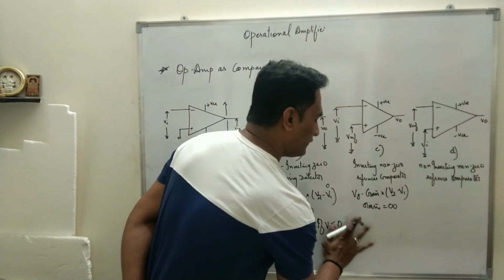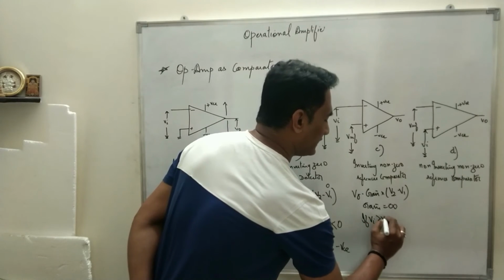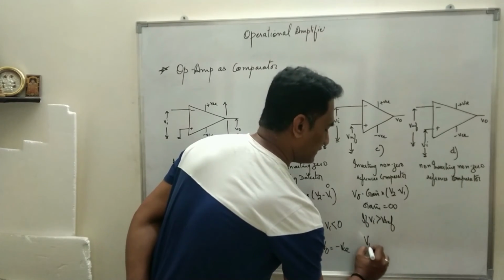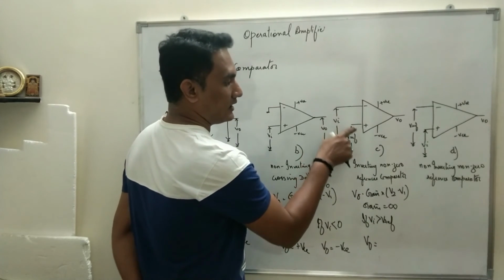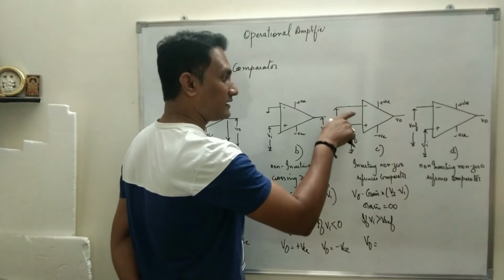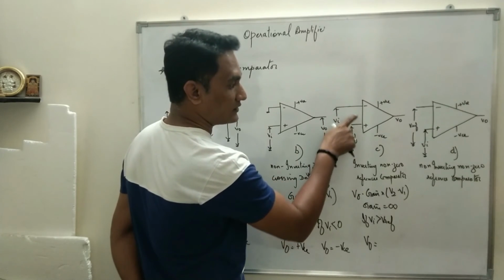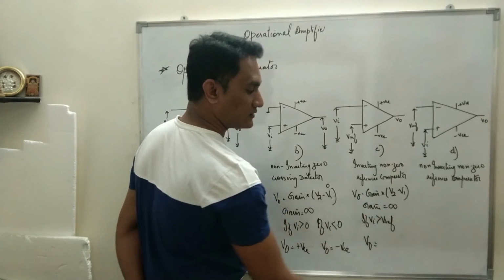Now if Vi is greater than V reference, in this case, the potential applied at inverting is greater than the potential applied at non-inverting. So the difference between these two, that means non-inverting minus the inverting, will be negative.